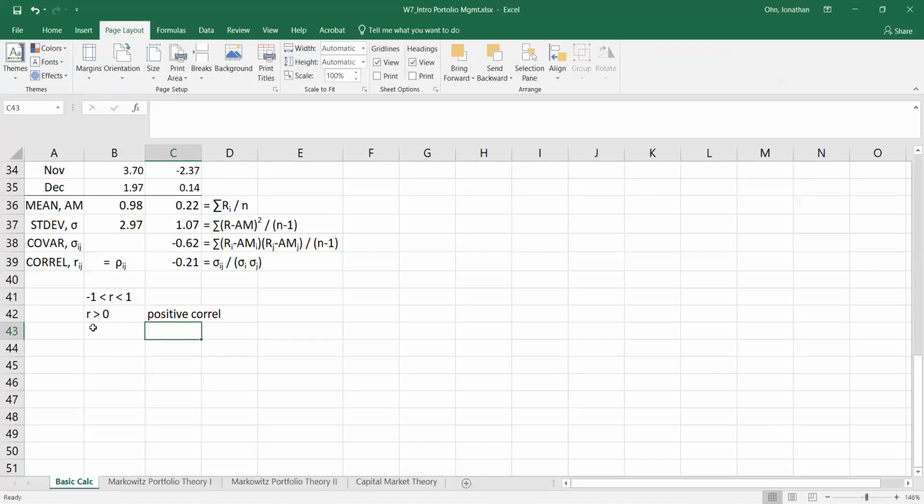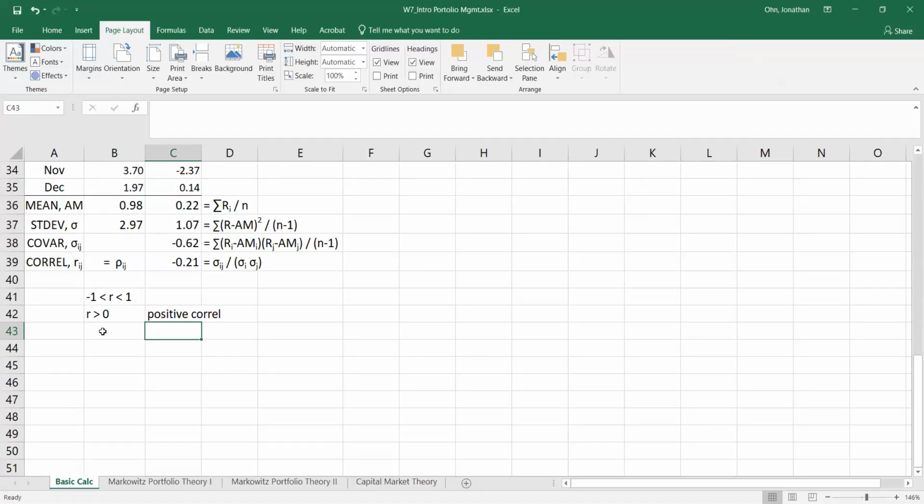If R approaches 0, for example R is around 0.1, then these two have a very weak positive correlation, meaning these two stocks are weakly moving together.